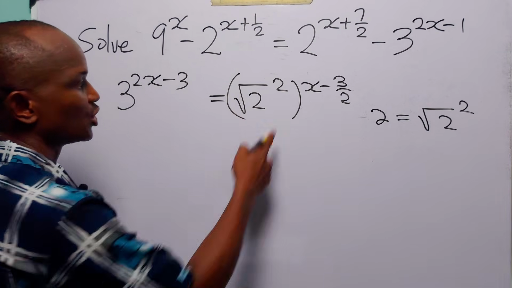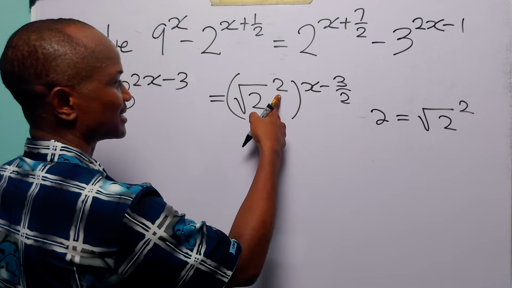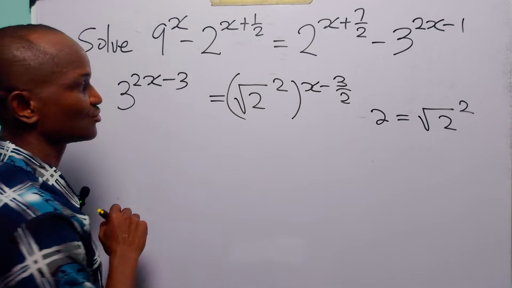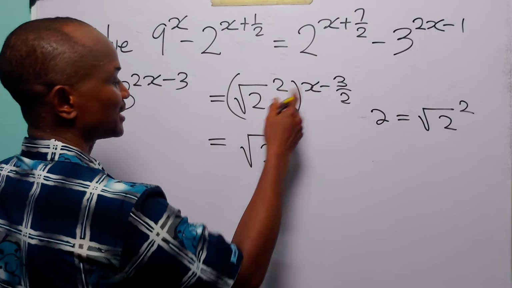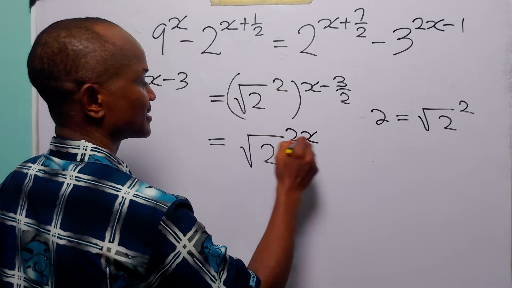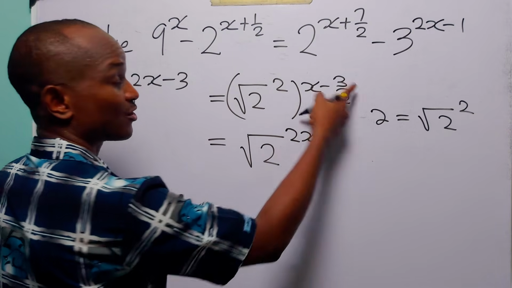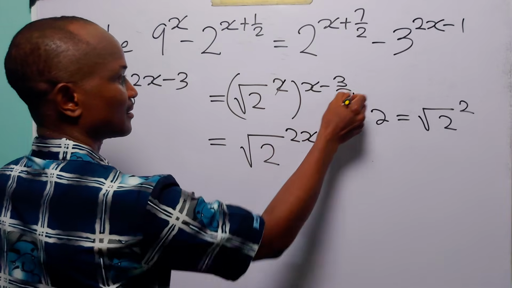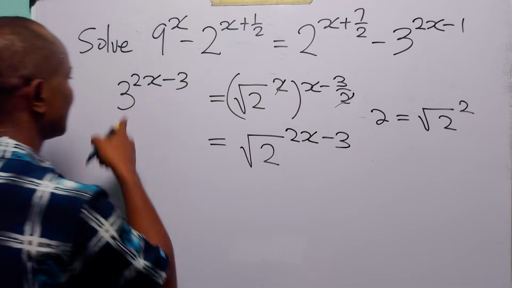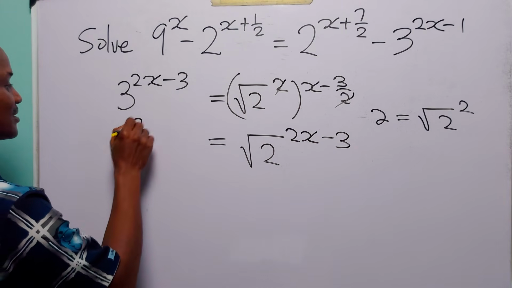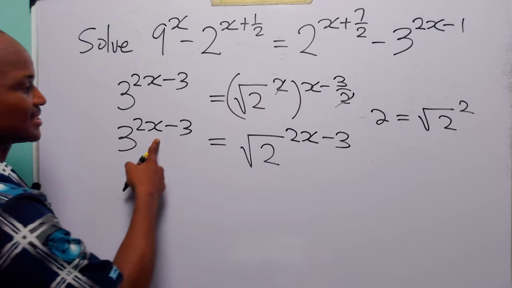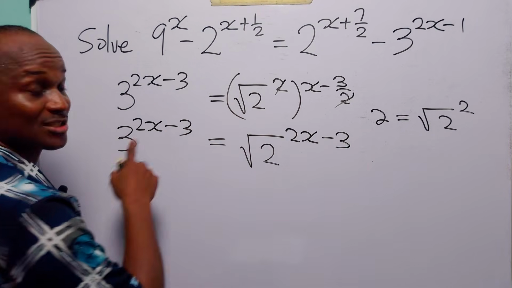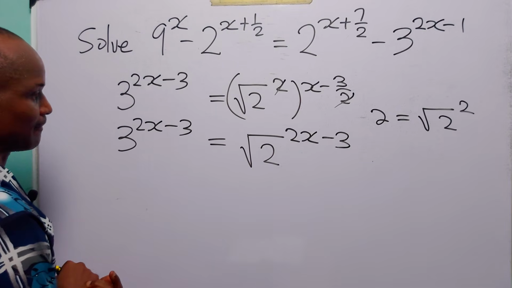Now, once more, to open this bracket, we multiply this power with these two. So we have root 2, 2 times x is 2x, 2 times minus 3 over 2 is minus 3. On the left hand side, we have 3 to the power 2x minus 3. Now you can see that we have the same exponent on both sides of the equation.